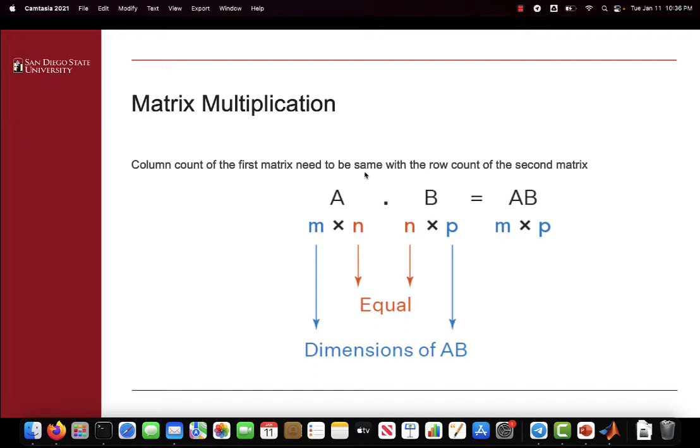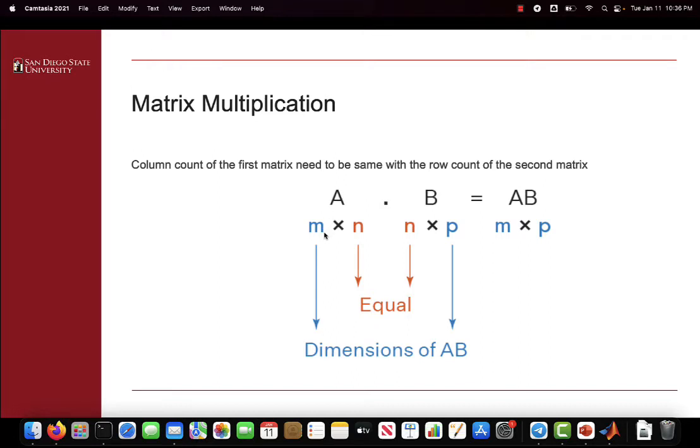and the row count of the result matrix will be the row count of the first matrix, and the column count of the result matrix will be the column count of the second matrix.